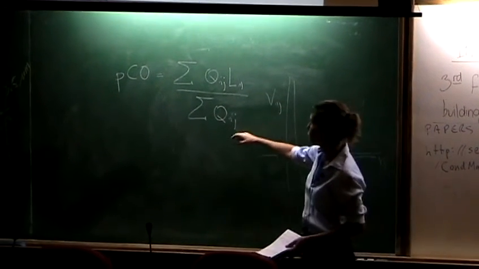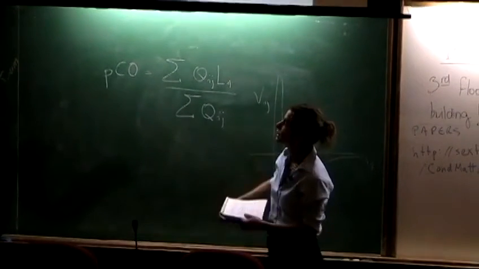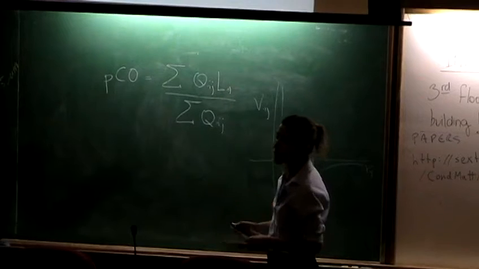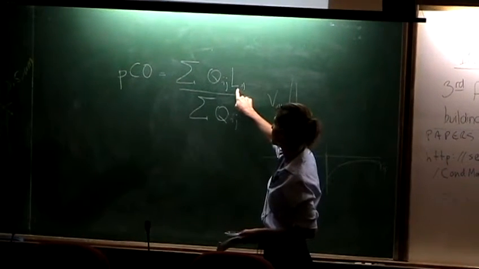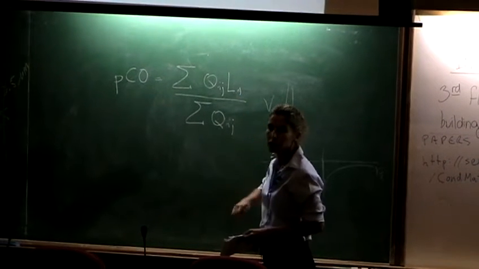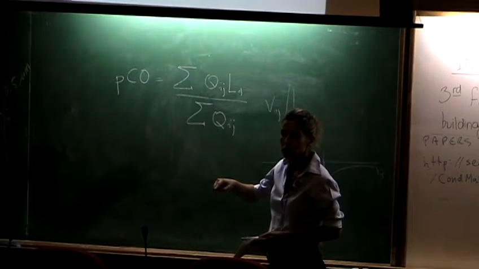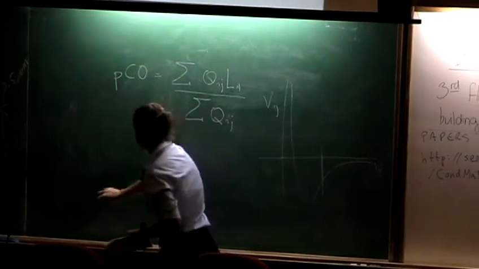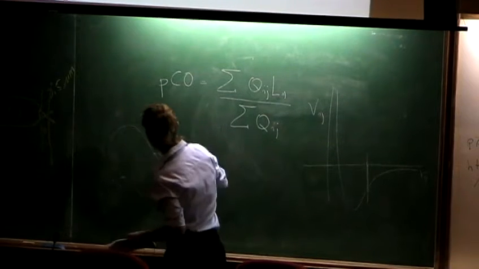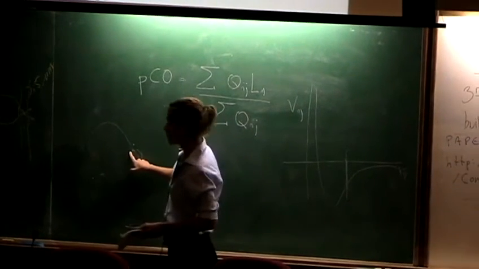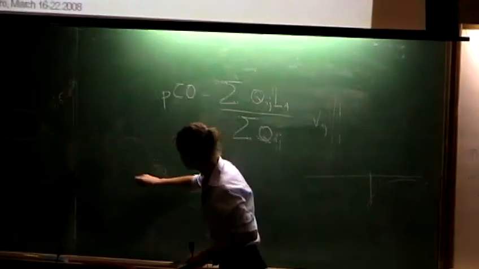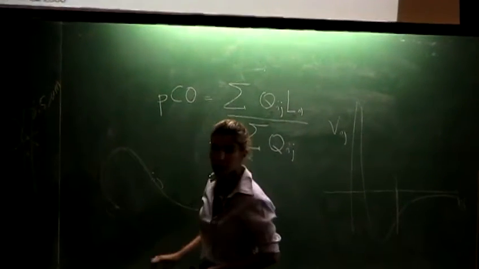If I just take this Q, the Q parameter, and then I normalize it to 1, this is the Q parameter here. I can weigh this Q with this weight L, L being the loop length, the separation along the sequence between residues i and j. So if I have i and j here, not only do I look if i and j are in contact, but if they are in contact, I don't count 1, I count how many residues I have in between.